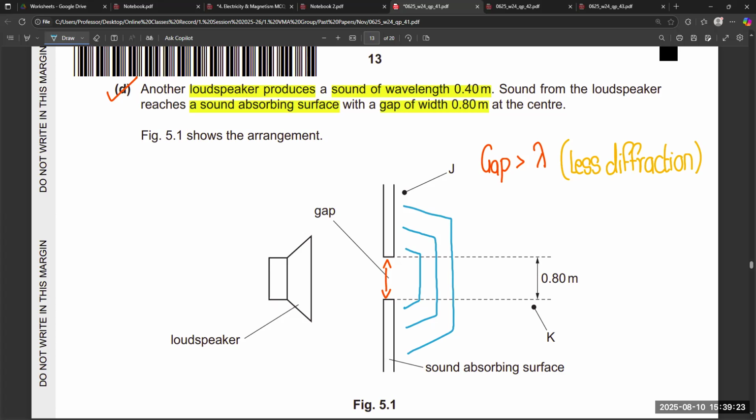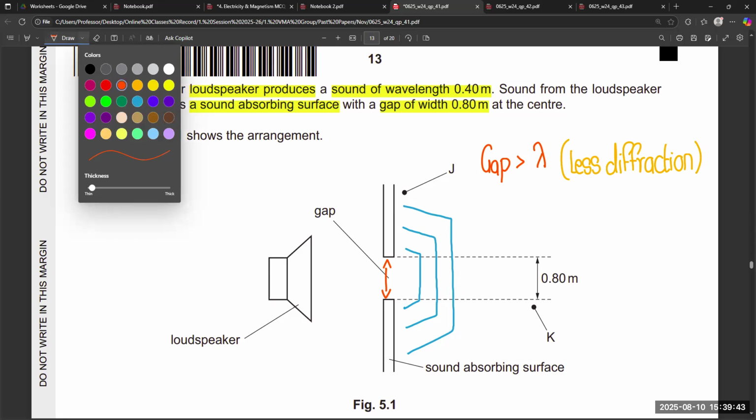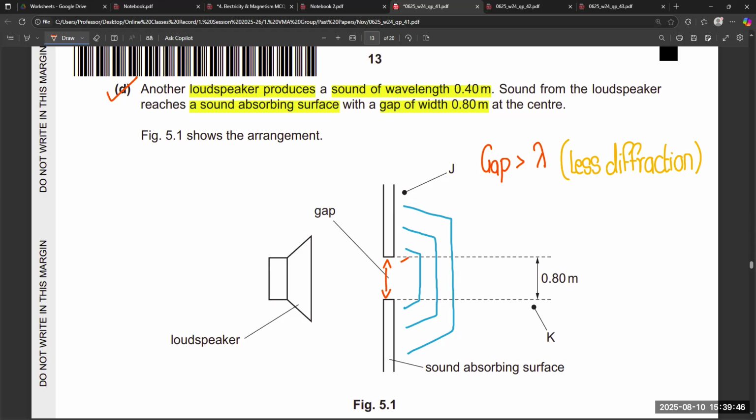So that will not reach point J, because point J is very far away from the center gap. And if we have more diffraction, it diffracts in more directions, in multiple directions with different angles. But this time we have less diffraction, so it will not spread out with greater angle or in multiple directions.